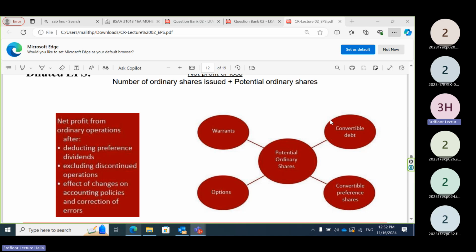Let's say 30%. You are an ordinary shareholder. Then you have preference shareholders. Preference shareholders may be your relations, your friends, people who put money into your organization. It's not like an ordinary shareholder but a kind of preference shareholder.